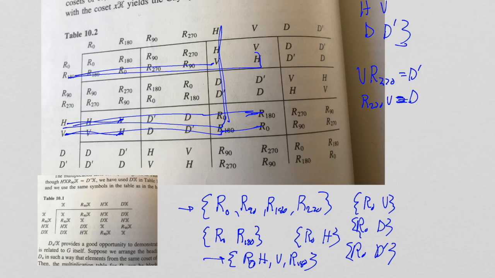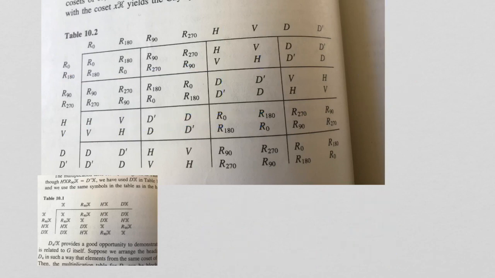Okay, but once you have some subgroups, you can create this idea of the coset. And that's the thing that is a little bit quickly forgotten from the elementary days of this subject. So in this case, let's take a look at a particular subgroup. The subgroup we're going to study is the subgroup R0, R180.